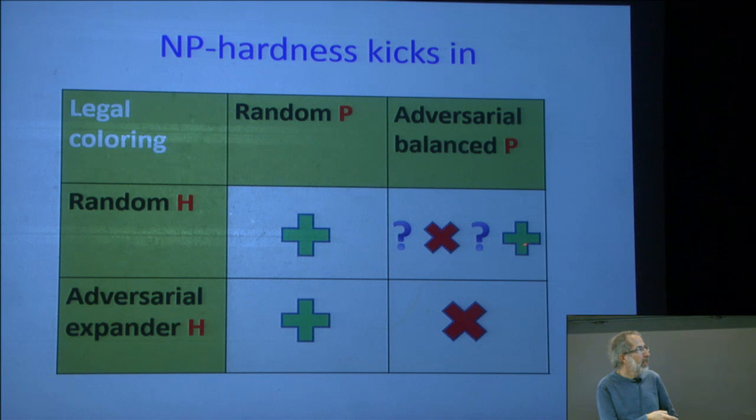Here we have a random host graph and adversarial planted coloring. What we know is that if the degree is large enough, let's say larger than n to the 2/3, you can indeed legally color the graph.